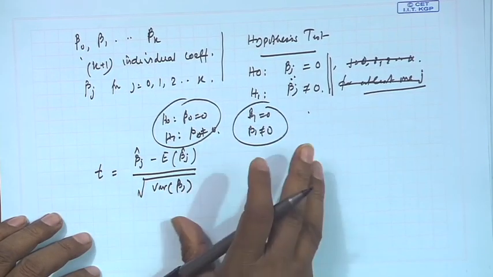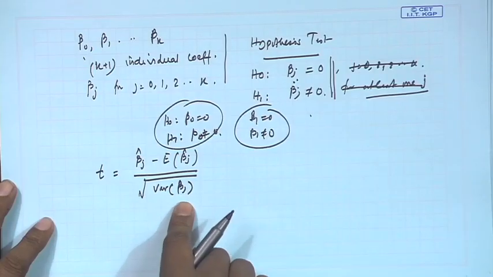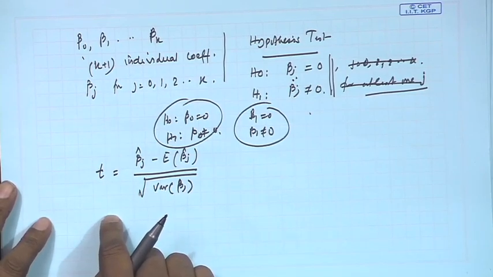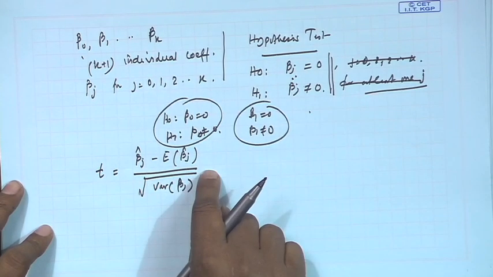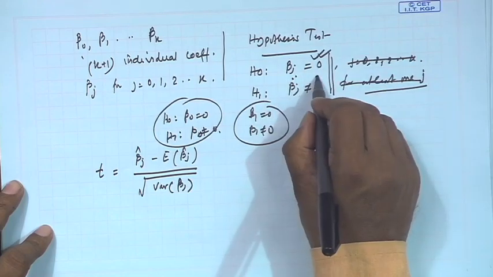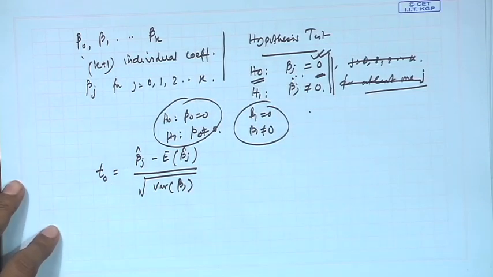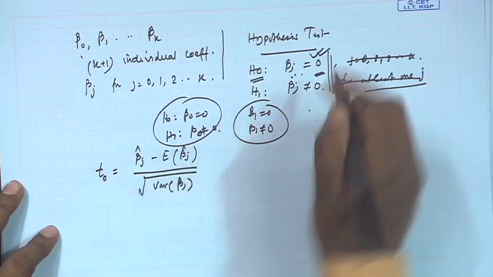From the central limit theorem, this can be Z distributed also, provided the sample size is large, but as the variance of beta j is estimated and not exactly known, we go from Z to T distribution. This is true when H 0 is true, meaning beta j equal to 0. As a result, we call this T 0, and it follows the T distribution when H 0 is true.